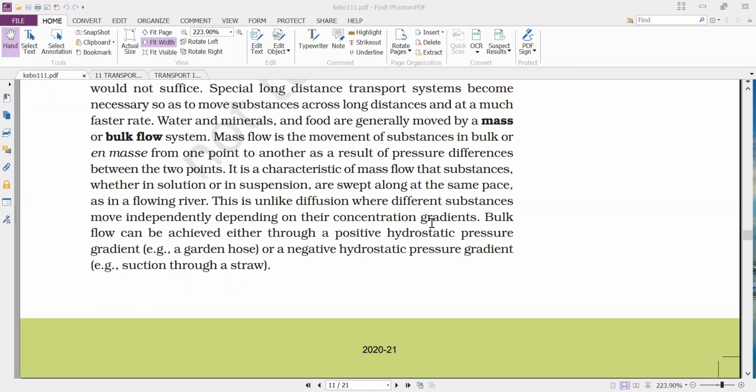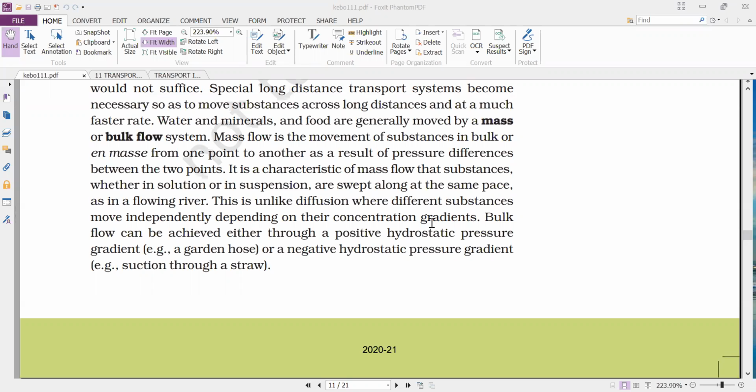And the bulk flow can be achieved either through a positive hydrostatic pressure gradient or a negative hydrostatic pressure gradient, like suction through a straw or a garden hose. That means by using a motor, we lift the water and place it in the tank, so there is already some hydrostatic pressure in the water stored in the overhead tank.